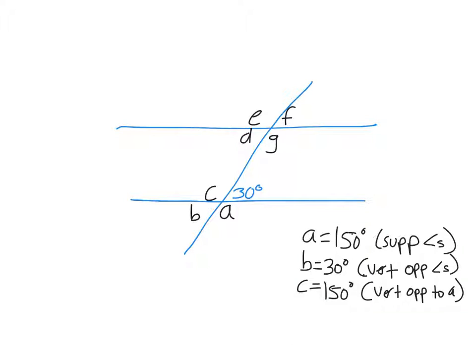So we can figure out D, E, F, and G. We just need one additional bit of information. So in the previous slide, I told you that co-interior angles, so remember co-interior, they were both inside the parallel lines on the same side of the transversal. So remember, they were supplementary.